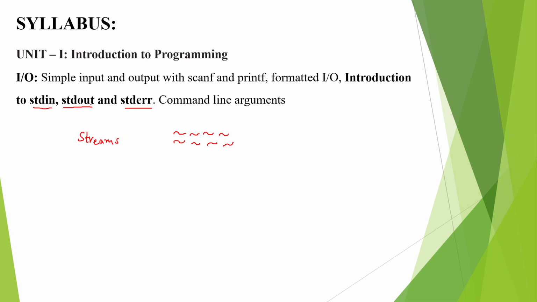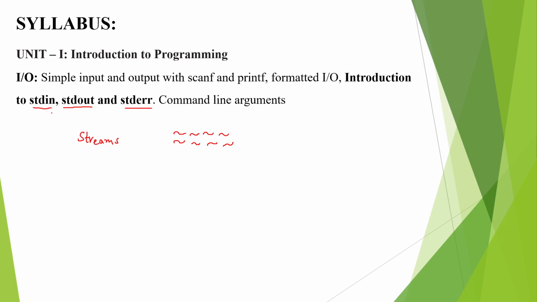Okay, so in computing, a stream is nothing but the flow of data: from where the data is originating and to where the data is going. In that flow, the way the data flows, we call it a stream.